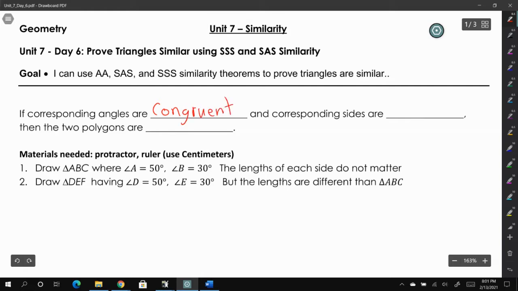But when it comes to the corresponding sides, those are proportional. So if that's the case, then the two polygons are similar, and we're going to focus on triangles.